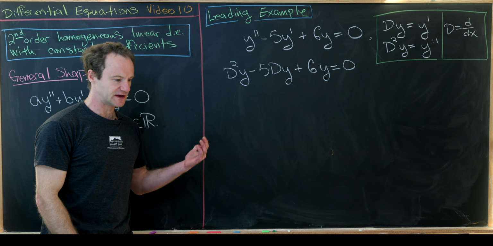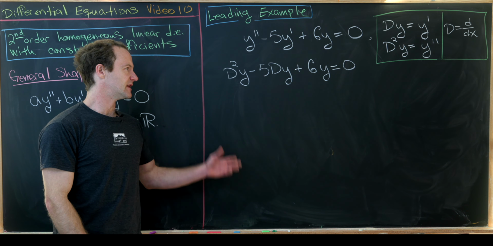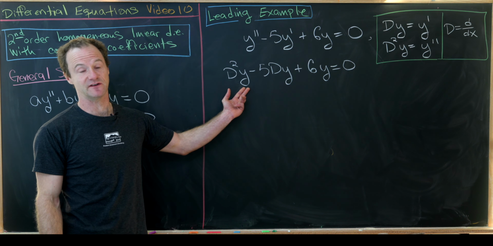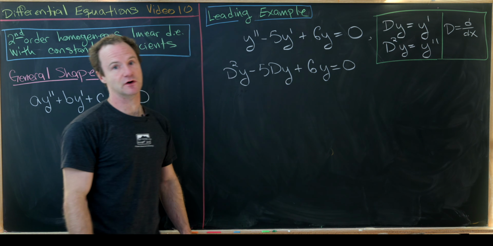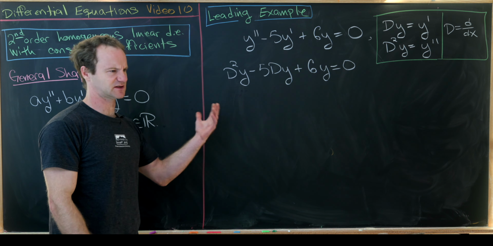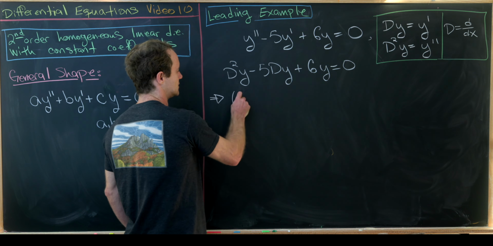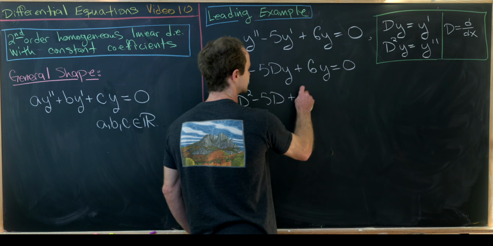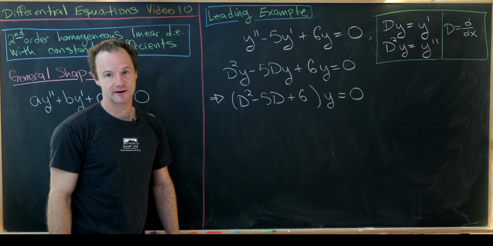But now let's recall that differential operators are linear transformations. That means that we can factor this y, thought of as a vector in a vector space of functions, out of the whole expression. That's going to give us the operator D² - 5D + 6 attacking the function y.